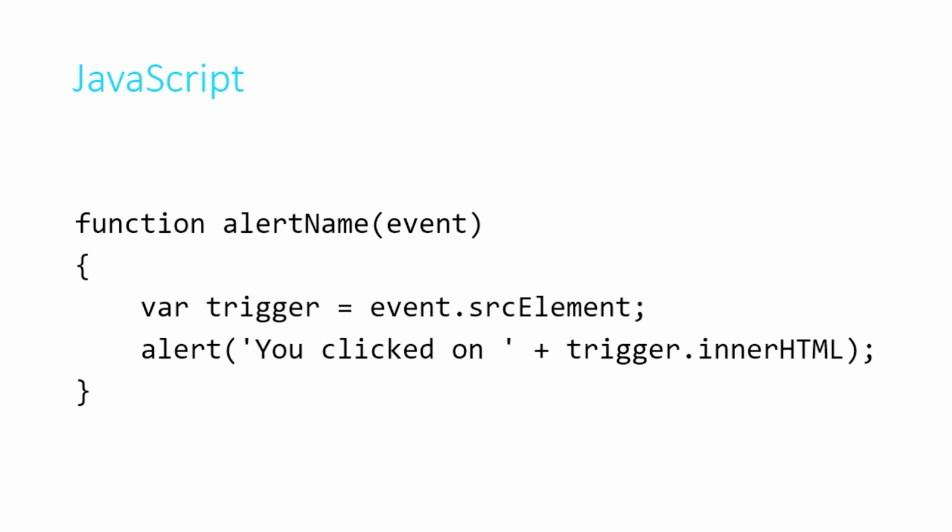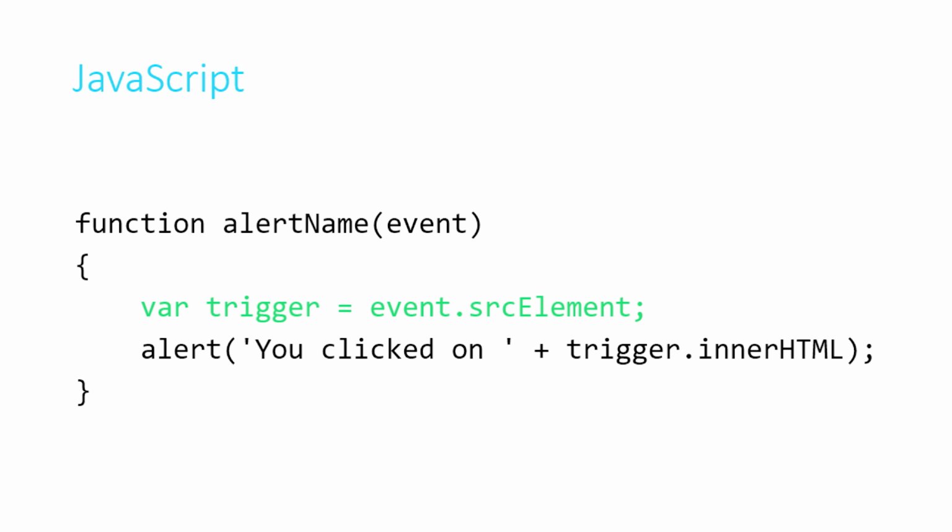So for example, here's what the alert name function might look like. And notice that here I'm also accepting an event parameter. What am I doing then? I'm getting a new JavaScript local variable called trigger, and I am asking for that event's source element. What that is telling me is, what is the element on the page that was interacted with that triggered this event? Or rather, put another way, what element effectively was passed into this function?